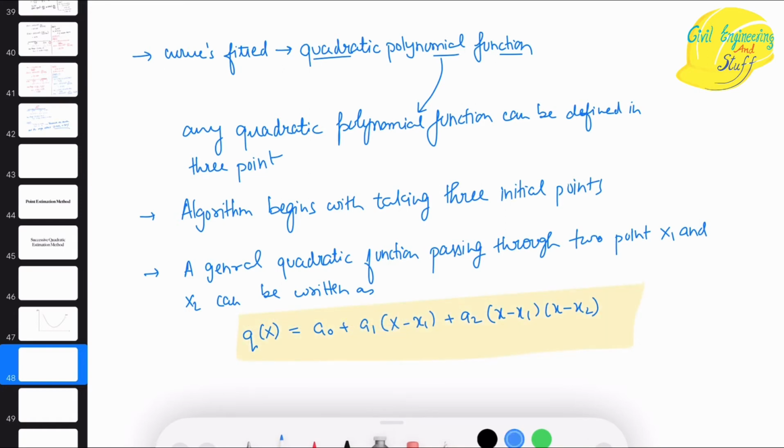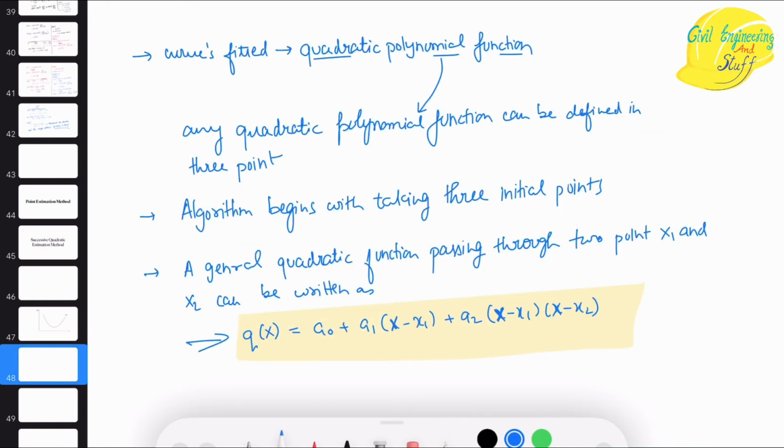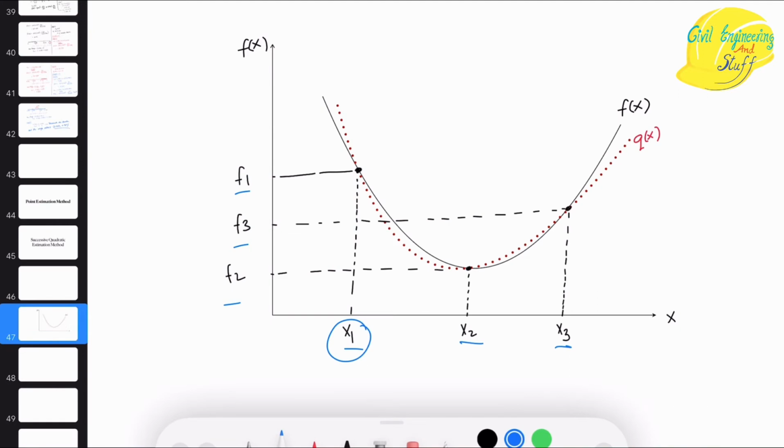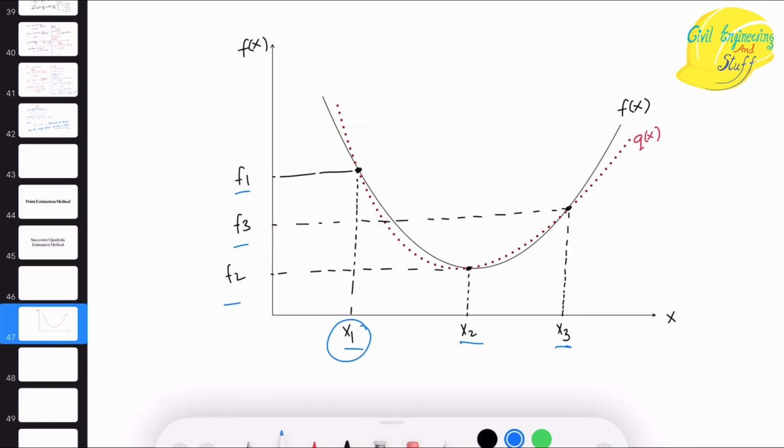So here the x is the variable point, right? It varies based upon the point that you are taking. Okay, so if in this equation, instead of x, we put x1, then this function value will be f1, right?